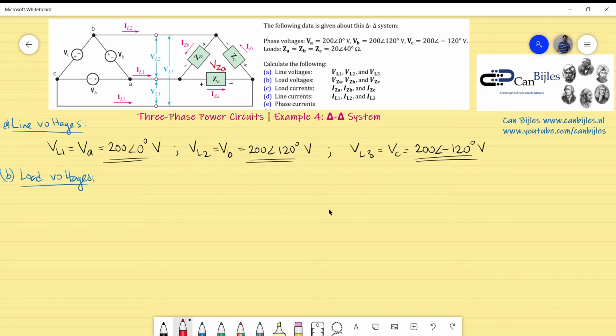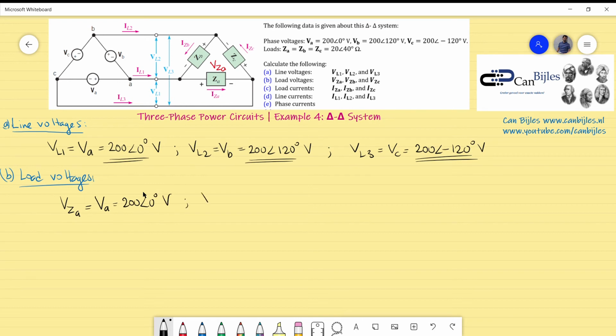For VZ of A, from this point to that point, from left to right, it is exactly the same as from A to C. Again, we have VA, so for this configuration it's really easy to calculate the unknowns.